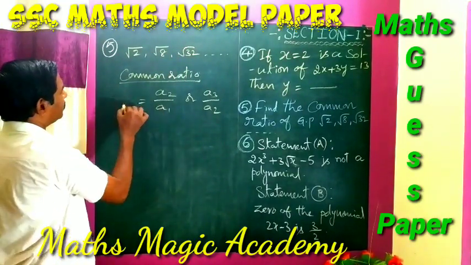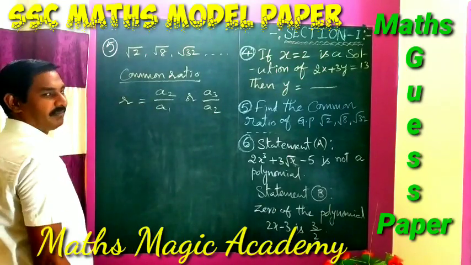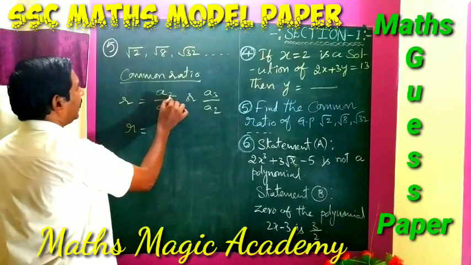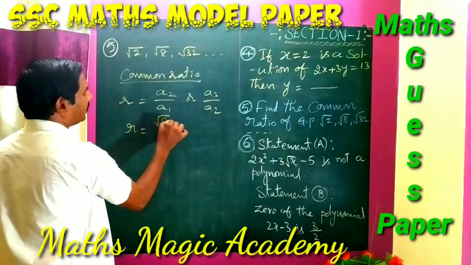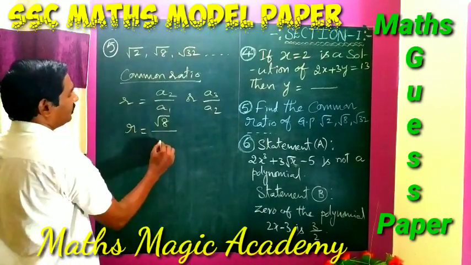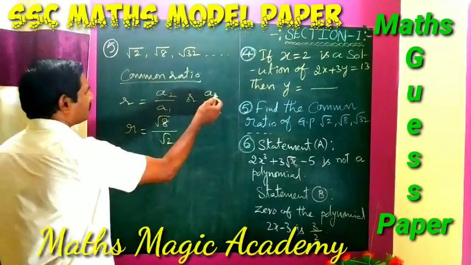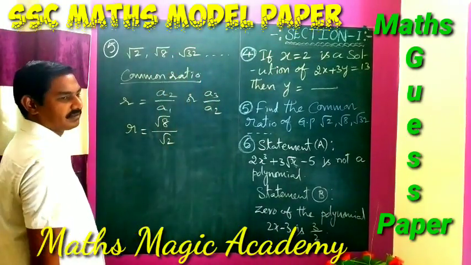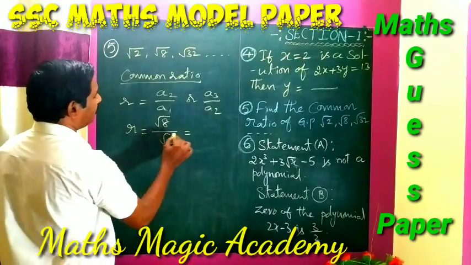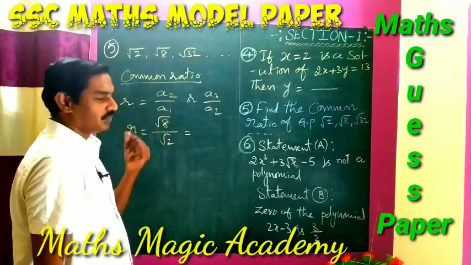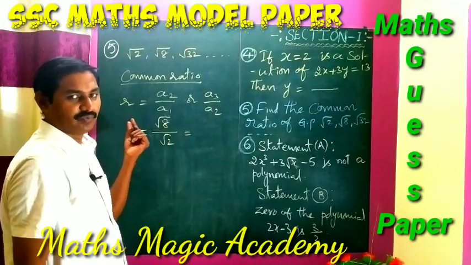So this common ratio can be denoted by R. So R equals A2, what is A2? Root 8, by A1, root 2. So it is also equal to root 32 by root 8. There is no doubt at all. So now root 8 can be written as 2 into 4.